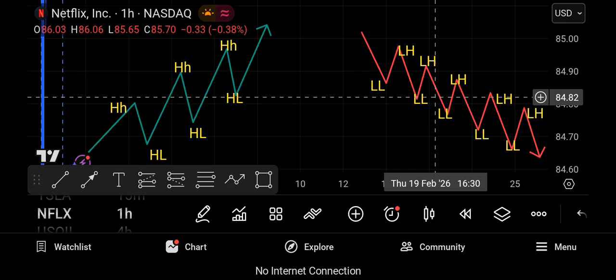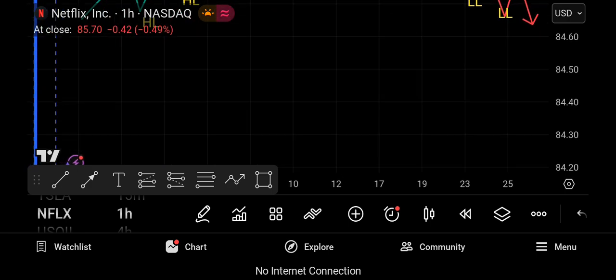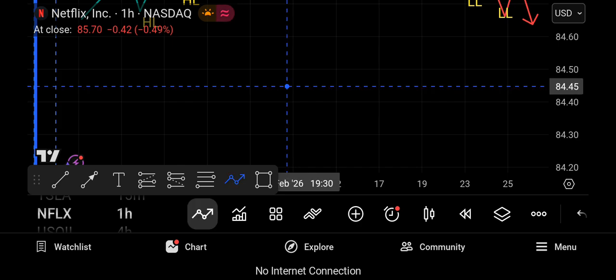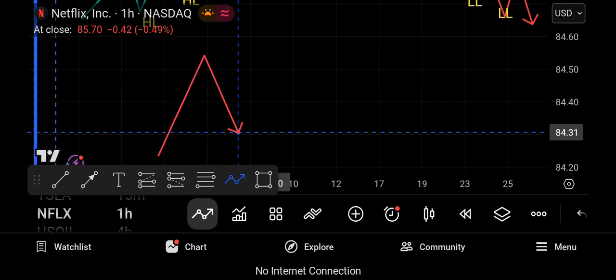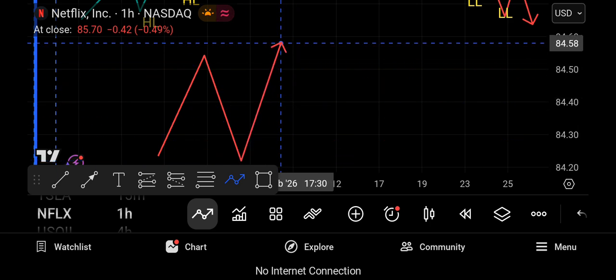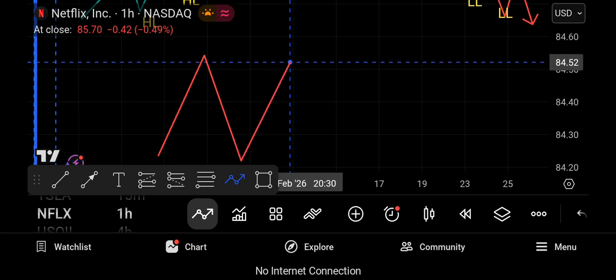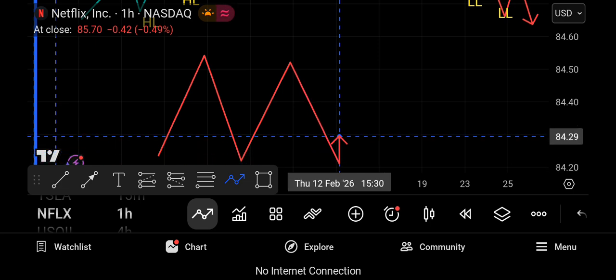And if we talk about the basics of market structure, the market moves in three ways, which is sideways, upward, and downward. In sideways, this is what you are going to be looking for: the market starts moving like this, in this structure, in this structure.